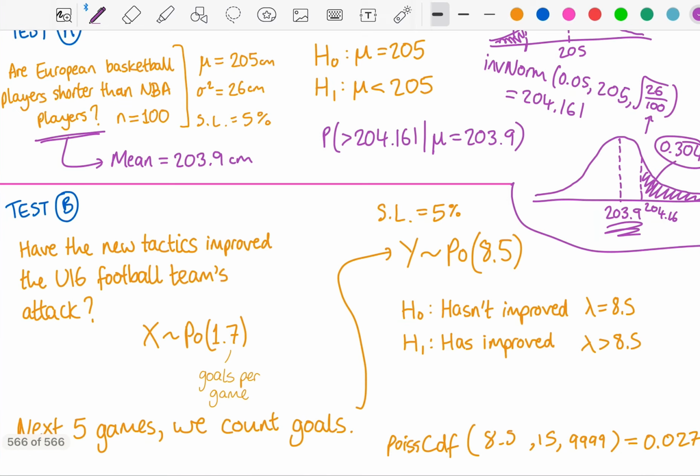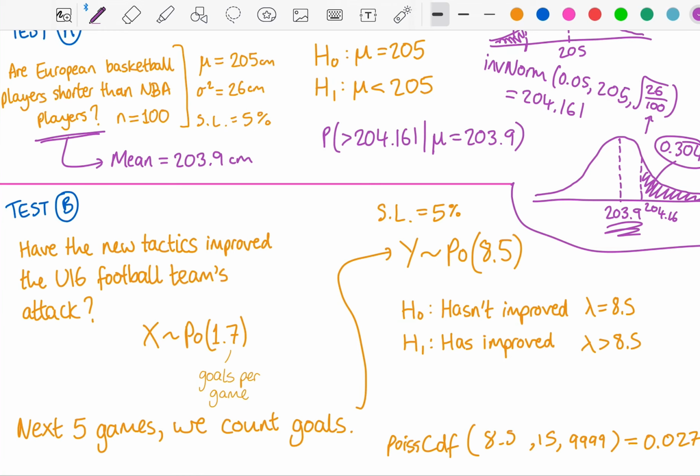So let's see this discrete, this Poisson example. What is the probability of a type 2 error here? A type 2 error would be if we scored fewer than 15, or 14 or fewer goals, even though our attack has improved.